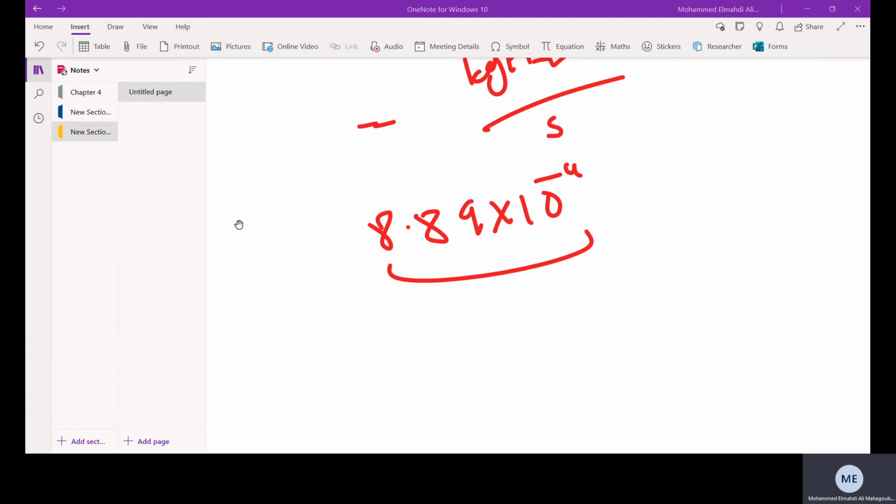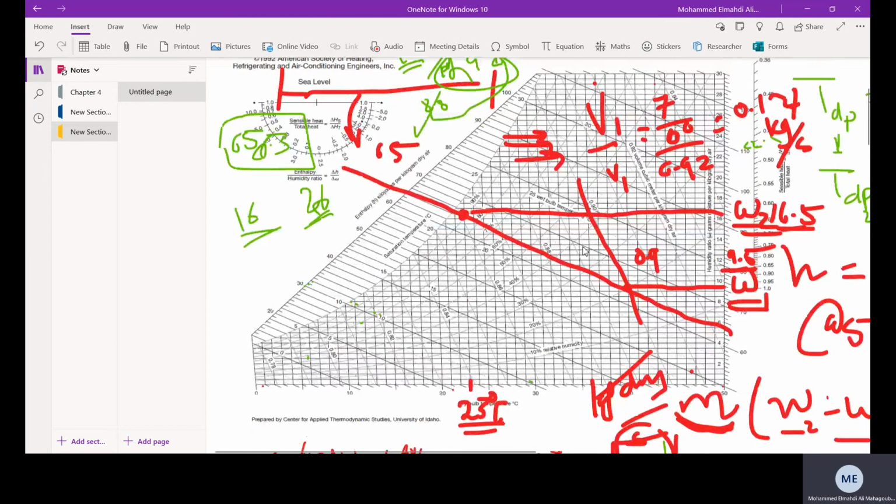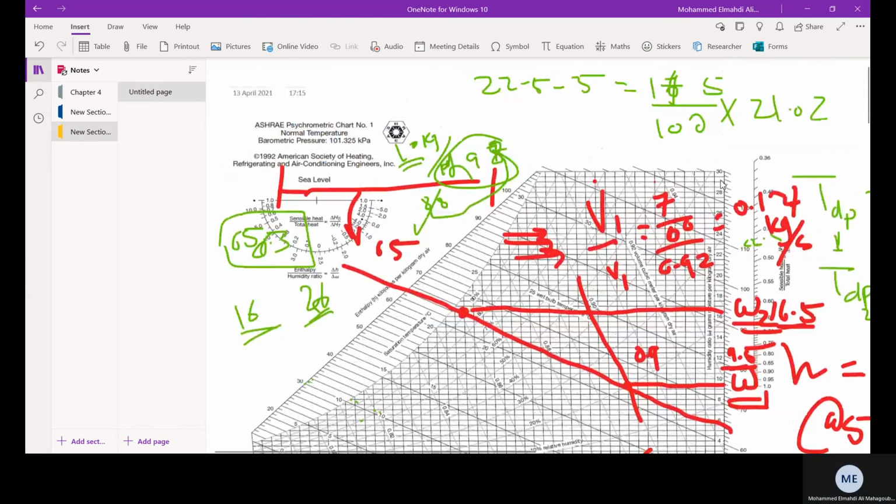Kilograms per minute divided by 60, by the 7 by 60, and then 0.9. Oh, there's something that I didn't correct here. What I did, I said 7 over 60 over 0.90.